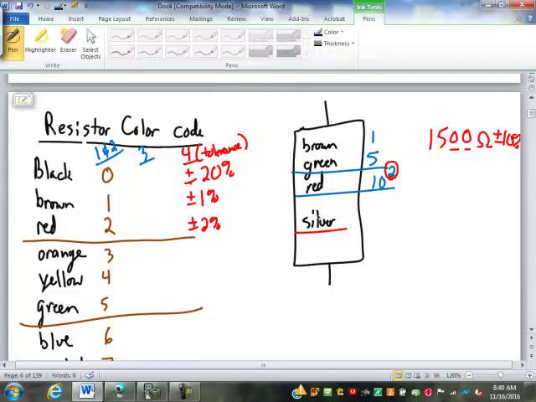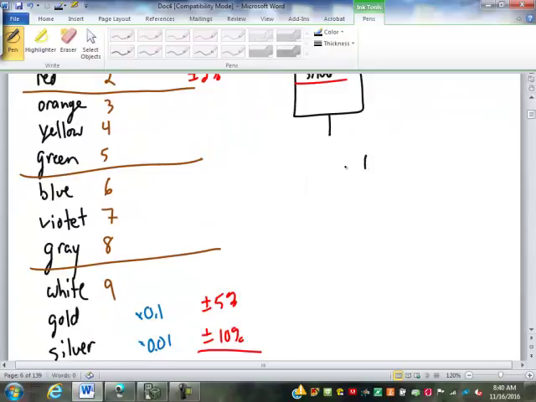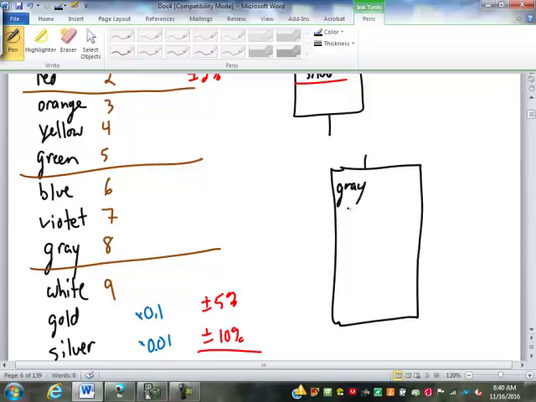Let's look at another one. By the way, that color code is on page 200 in your book if you didn't want to write it down. Let's say we have gray, red, yellow.